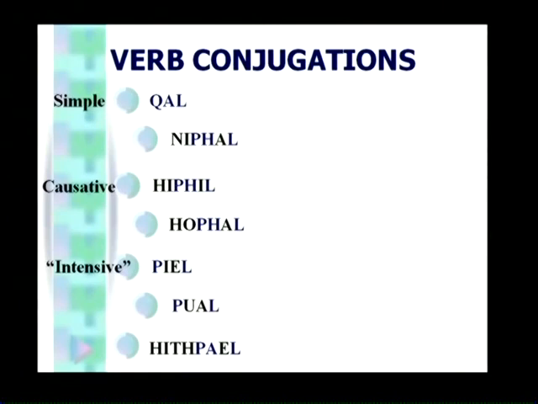These are the names of the 7 verb conjugations in Hebrew. Kal, nifal, hifil, hofal, piel, pual, and hithpael. Let's read them together.